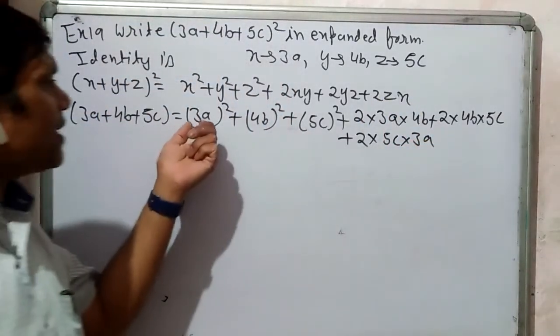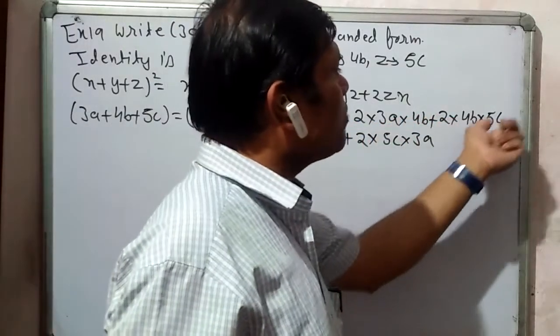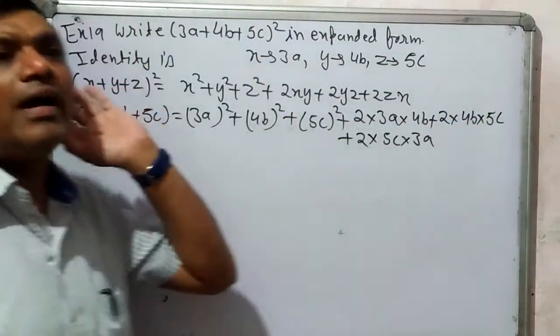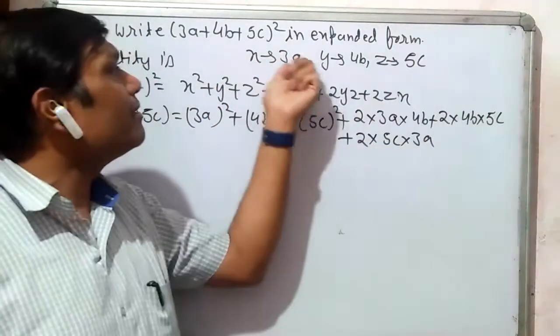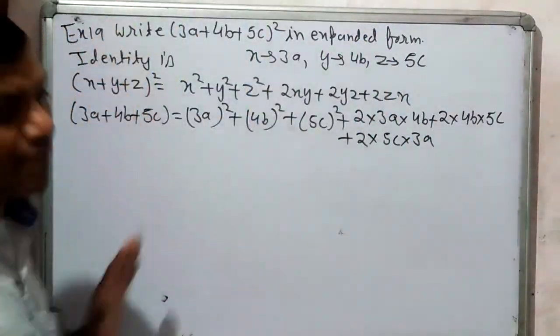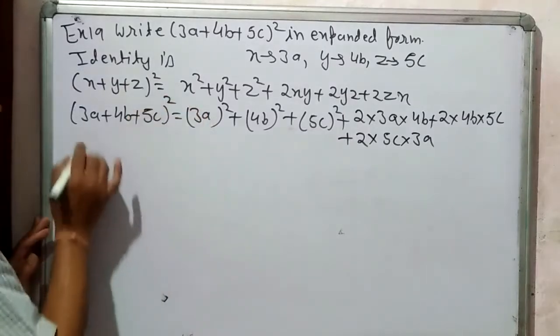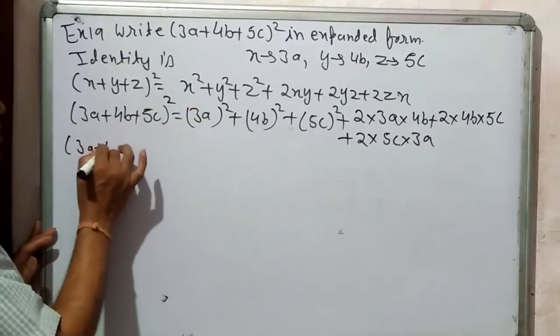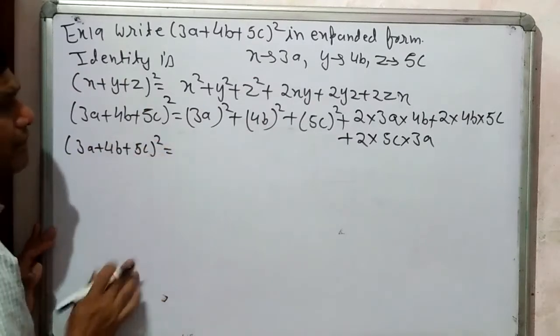I have simply replaced x square plus y square plus z square plus 2 into x into y plus 2 into y into z plus 2 into z into x. I have replaced in place of x, y and z their values identified. Now solve it out. Sorry, here it should be square. So we have 3a plus 4b plus 5c whole square.